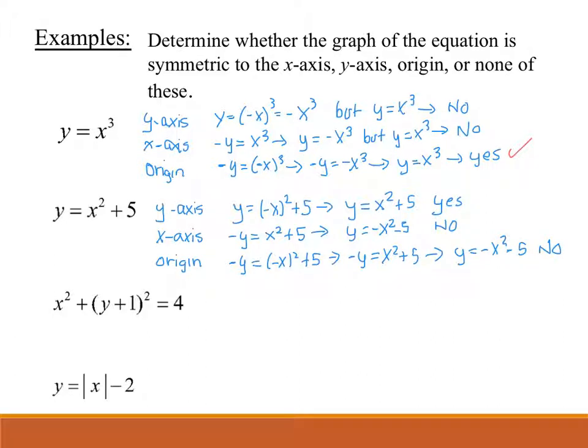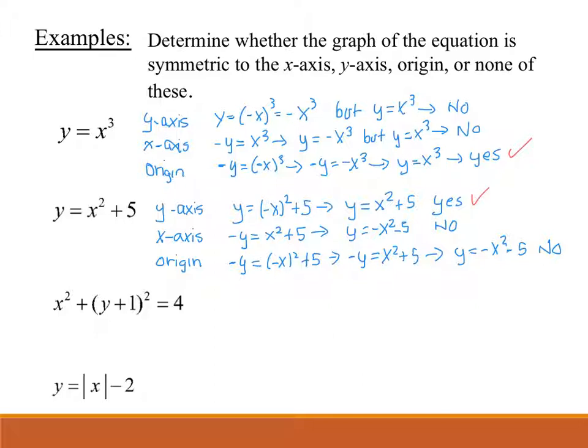So in the second result, we see for the y-axis we have y is equal to a negative x squared plus 5. When we solve for the negative x part in the function, we see that y equals x squared plus 5. So this is our original function. So guess what? It is symmetric about the y-axis.